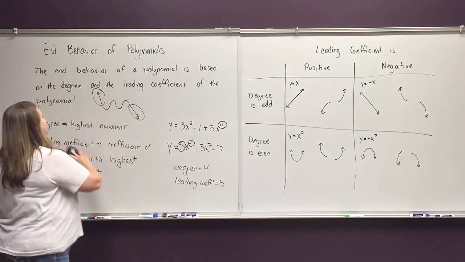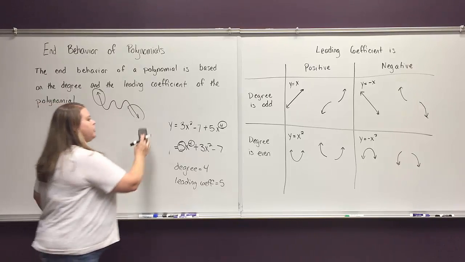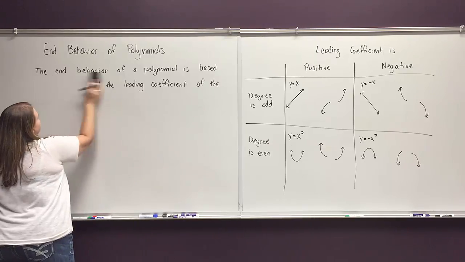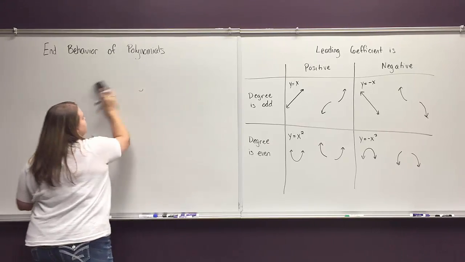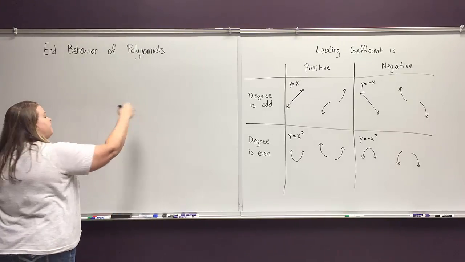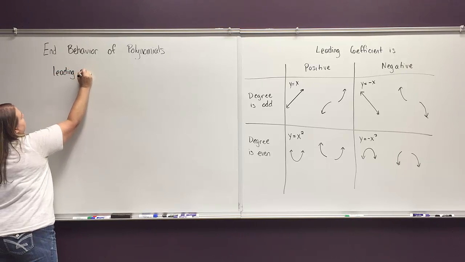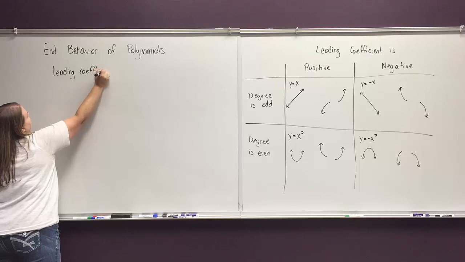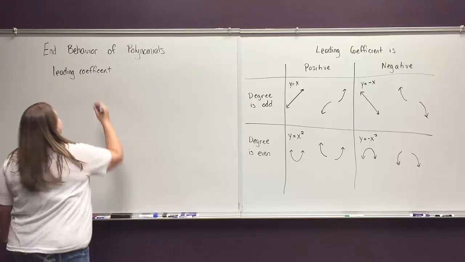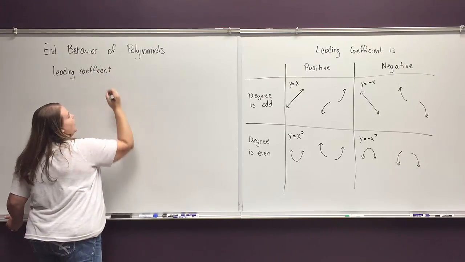And so we can use this chart and these basic examples to help us remember what the end behavior does, or we can look at this chart and come up with some rules basically to help us. And so what we notice is that the leading coefficient tells us what the right end of the graph does.